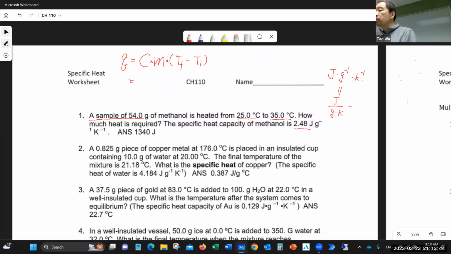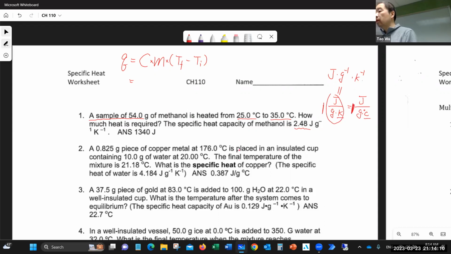Specific heat can sometimes also be written as joule per gram per Celsius. So this is K, this is Celsius. Just to tell you, 1 joule per gram per K is equal to 1 joule per gram per Celsius.